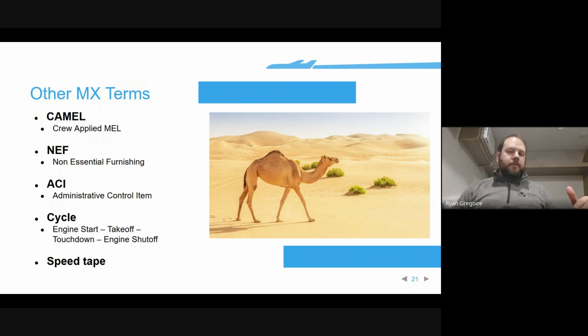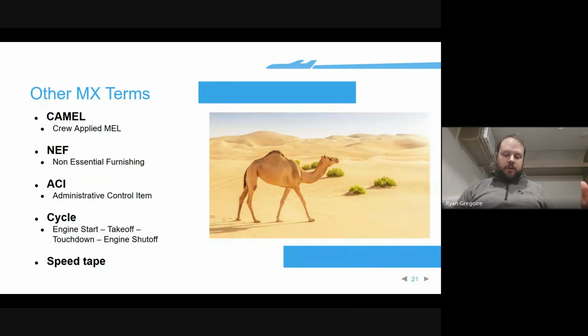Now, generally, most of the time, an actual mechanic has to go out and do that. But there are certain maintenance items that the airline may define are of a nature that they do not require a mechanic to come out and sign them off.